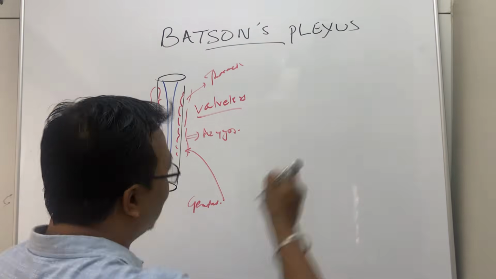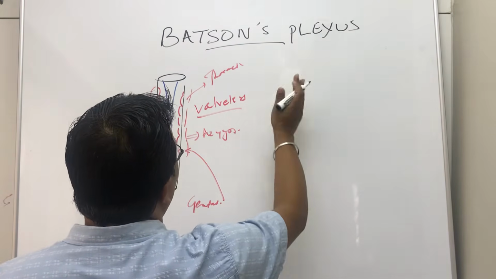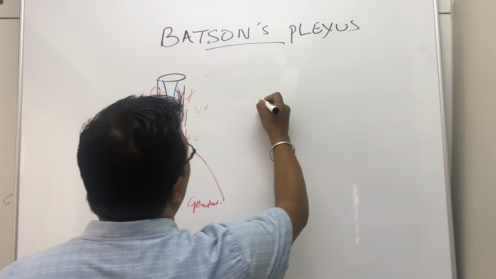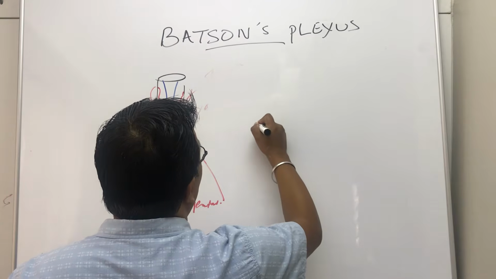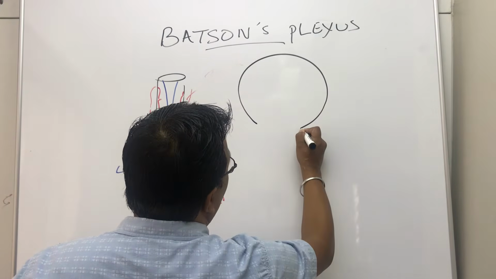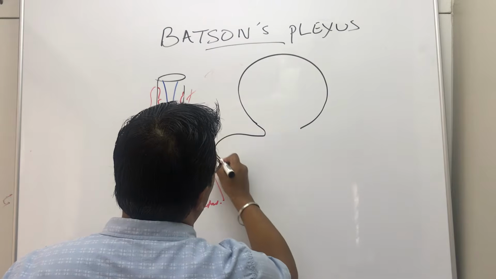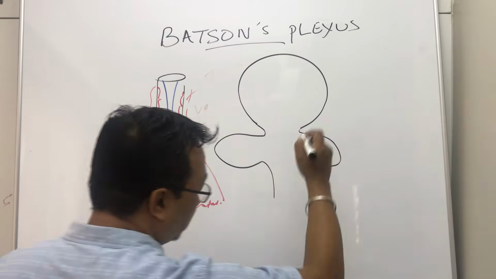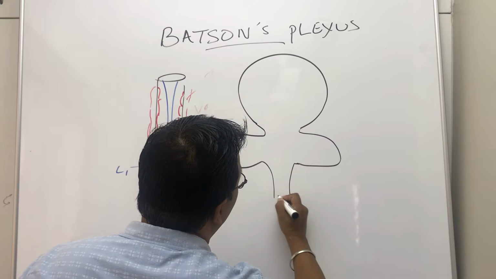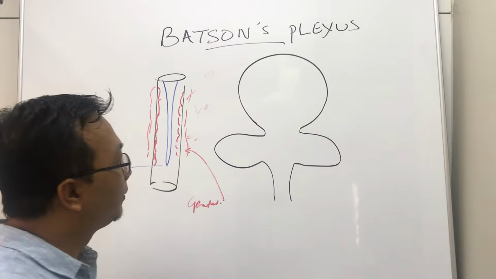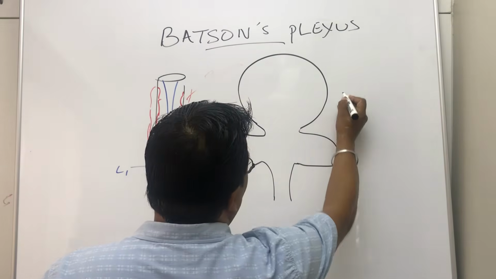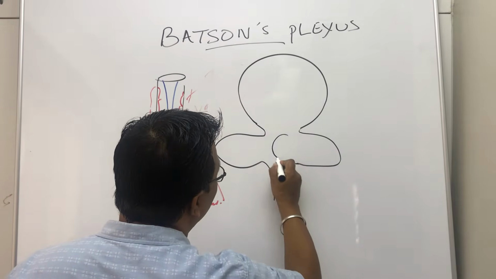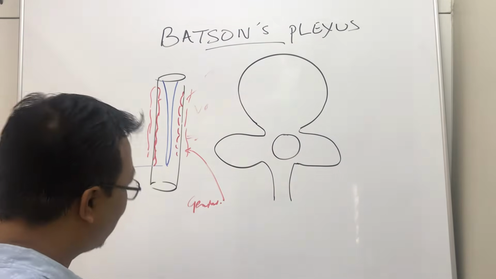Okay, let me draw the spinal canal. So this is the vertebra. This is the vertebral body, this is the transverse process, this is the posterior spinous process, and in the center this is the spinal canal or the vertebral canal, right?